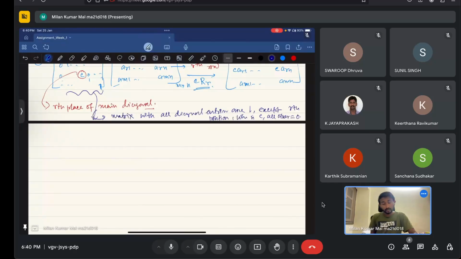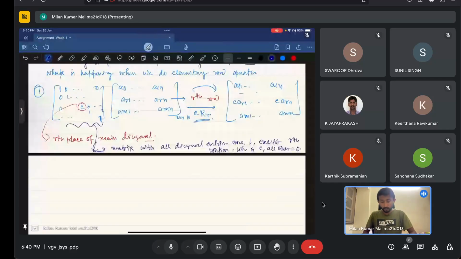I'm not able to write here properly, but okay. My point is that multiplying the rth row by a non-zero scalar C is nothing but multiplication by this m by m matrix.